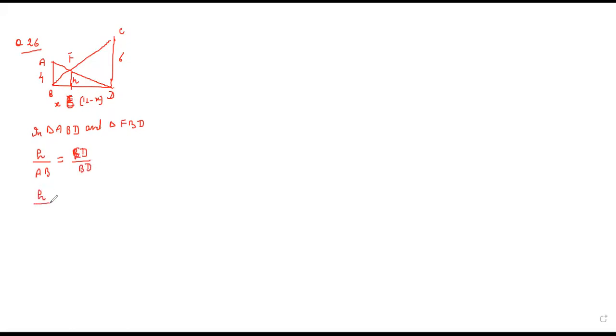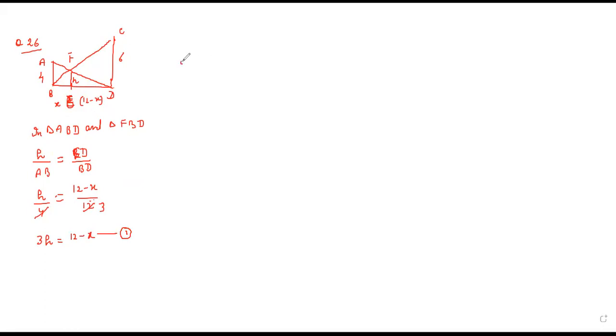So this is H upon the value of AB, which is 4. The value of EB is 12 minus X, and the value of BD is given as 12. So 4 is to 3. From here, I will get 3H is equal to 12 minus X. Let it be number 1.